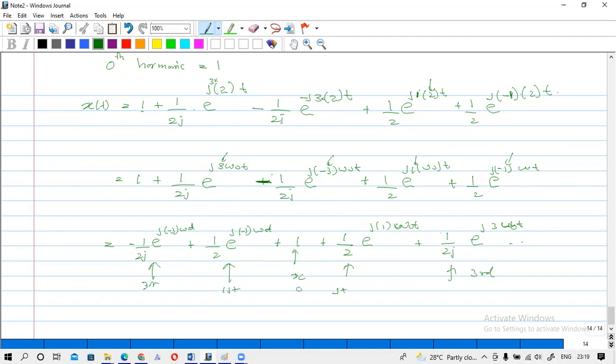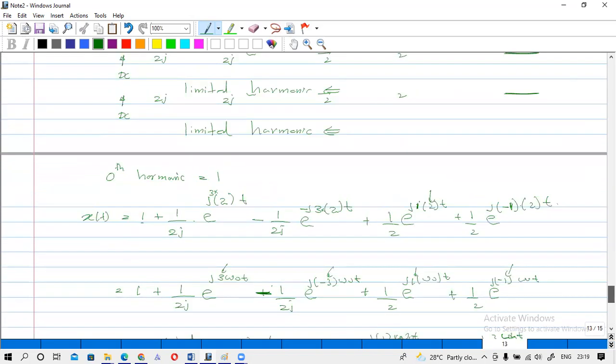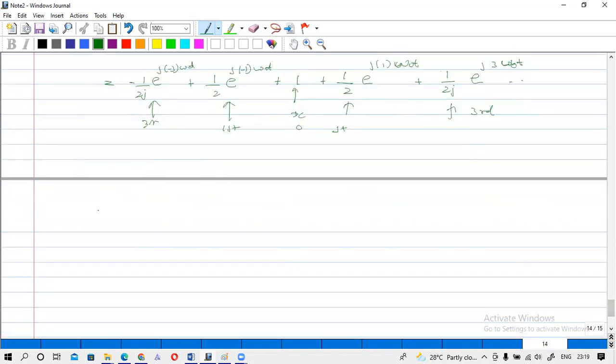So the coefficients: C0 is 1. C1 is half, and C minus 1 is again half. C2 is not available.